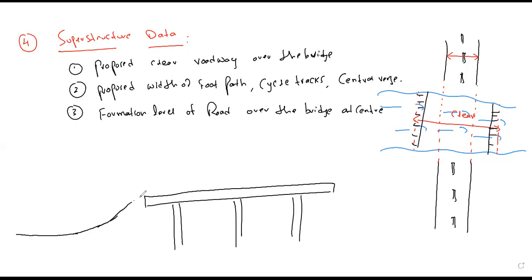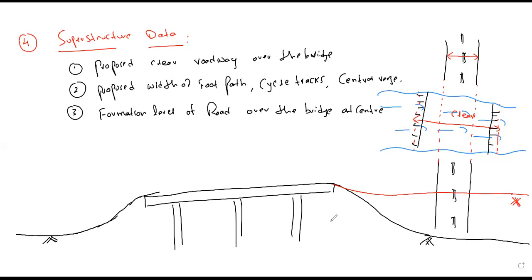Obviously you should have it like this, and then in this way. So the road levels, sometimes it will be in this way, otherwise sometimes the road levels will be at the same height, with the same road level.